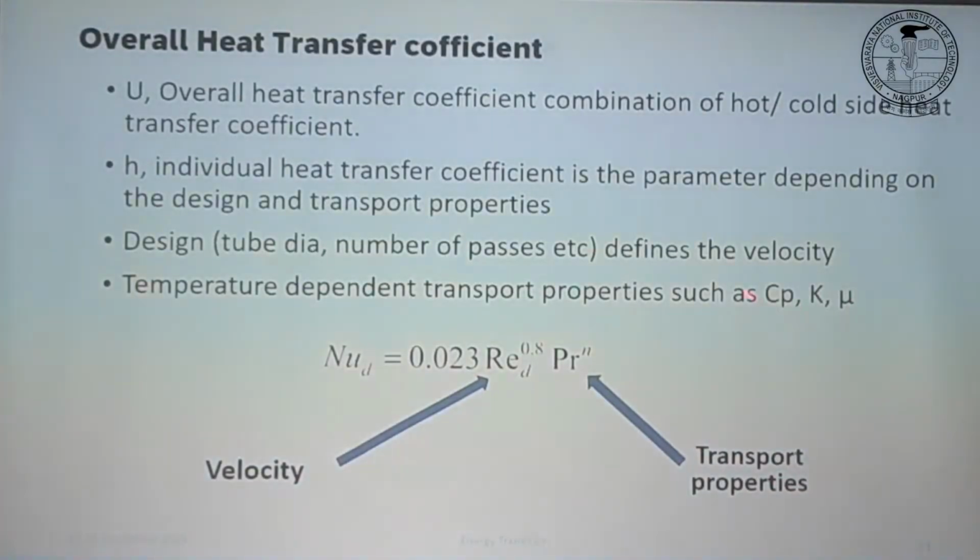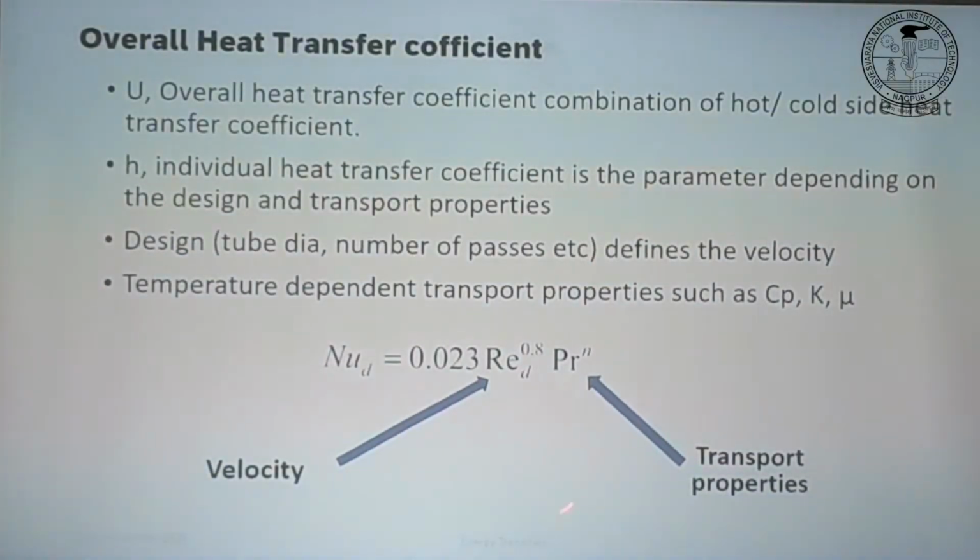So transport properties like specific heat, K, mu, etc. If I remember correctly, Reynolds number is D V rho by mu. So it's basically D representing the design of the equipment, what diameter you are selecting. Velocity once again representing your conditions, flow and diameter you are selecting. This equation looks very beautiful because it relates heat transfer with fluid mechanics.